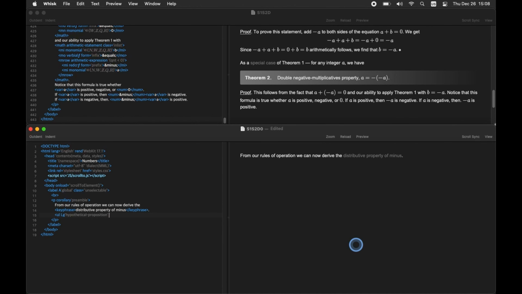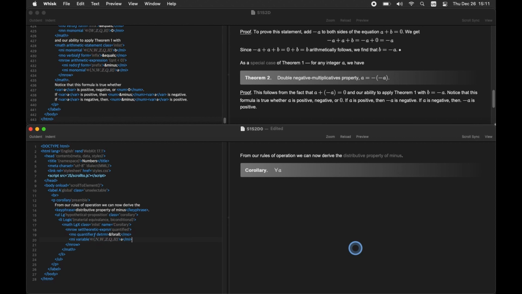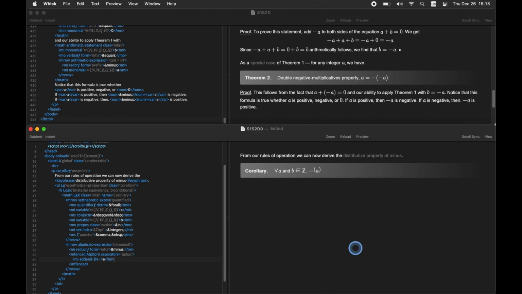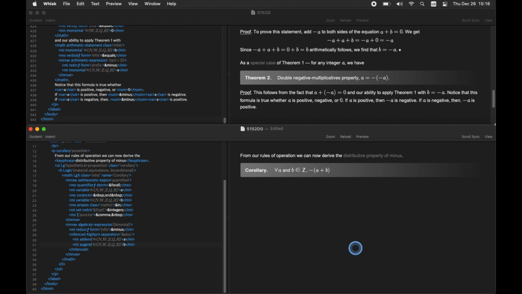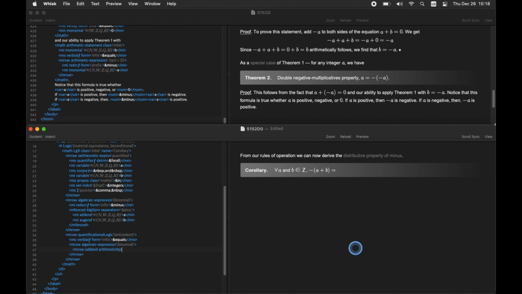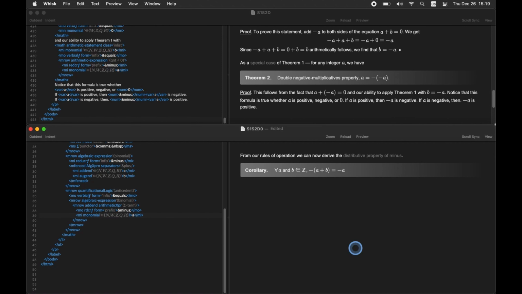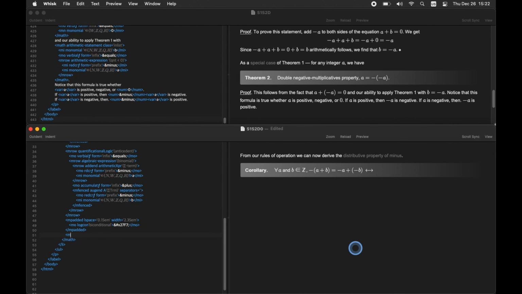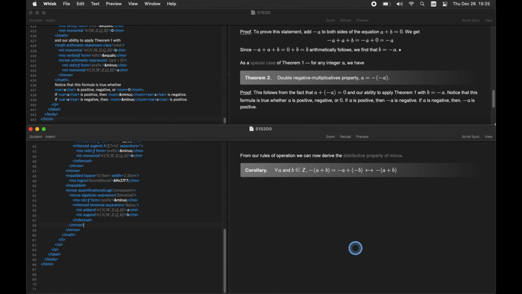Now, similarly, from these rules of operation, we can derive the distributive property of minus as a corollary, which formally states that for all a and b that are integers, minus quantity a plus b equals minus a plus quantity minus b, which logically implies minus quantity a plus b equals minus a minus b.